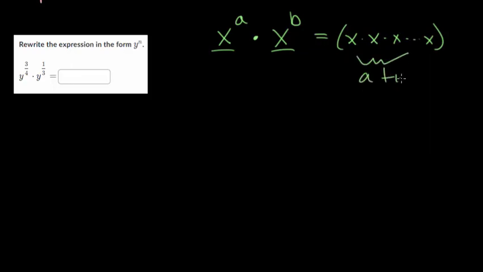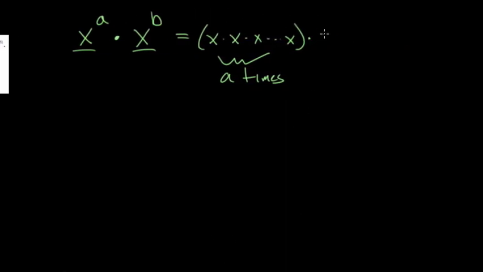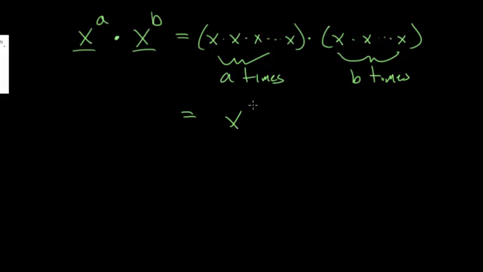So that is a times. And then we're going to multiply that, let me just make even more room here, by x to the b. So that's x multiplied b times. And so when we multiply these two expressions together, we have a number of x's here and b number of x's here. And so in total, we have x multiplied by itself, a plus b times.